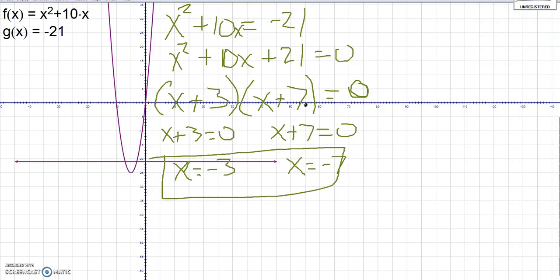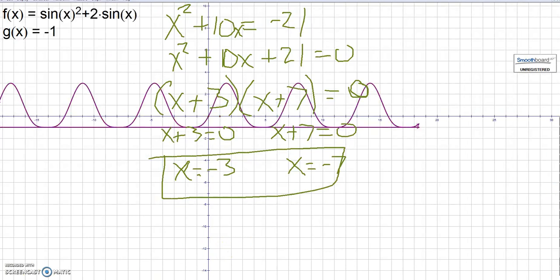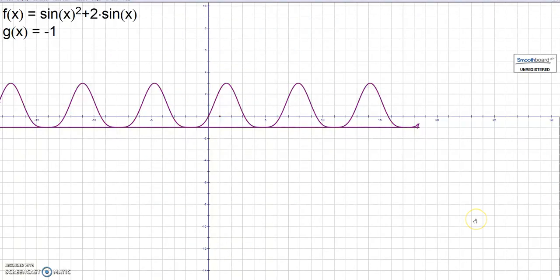Okay, that's a pretty standard question from a previous course. Let's see how that would relate to something in our current study of trig. I need to erase all this. There we go. Okay, where would sine of x squared plus 2 times sine of x equal negative 1?